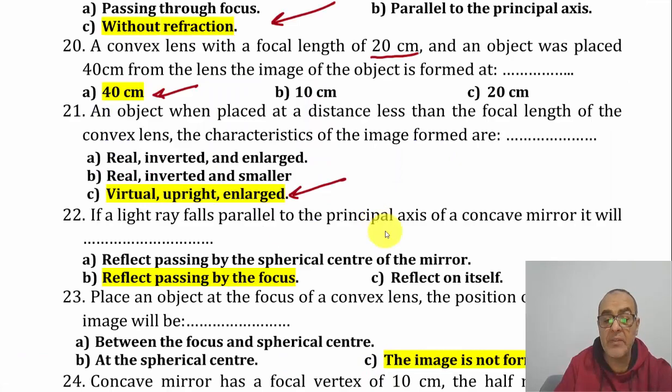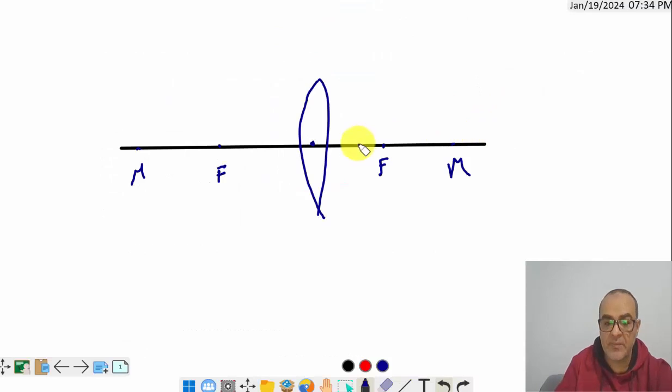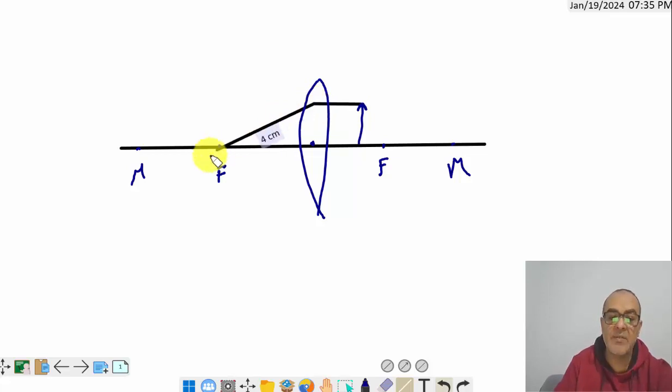The body is here, at a distance less than the focal length. The first ray falls like this and refracts, passing through the focus.